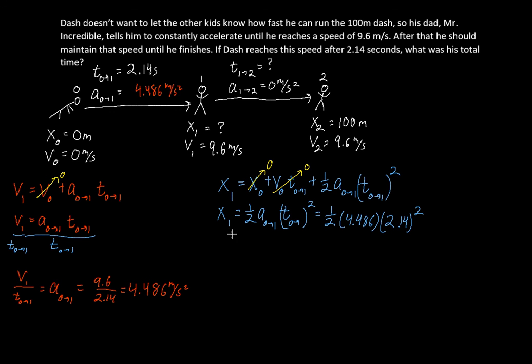A lot of people end up forgetting that squared, which leaves me with an x1 value of 0.5 times 4.486 times 2.14 squared, which gives me a whopping total of 10.272 meters, which means this value right here is going to be 10.272. So close. So again, we found x1 because we needed that to get t1 to 2.